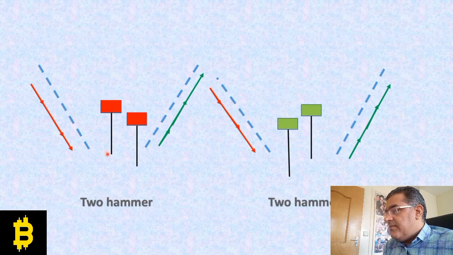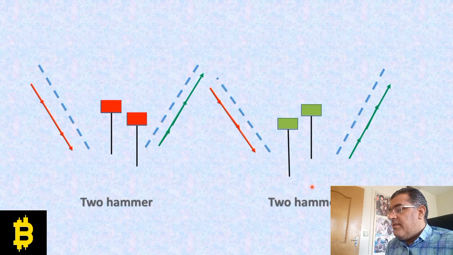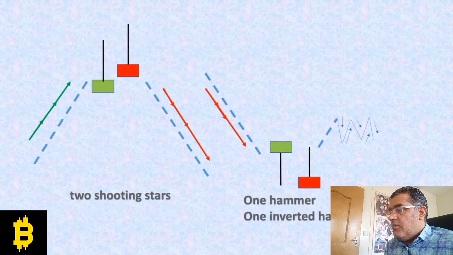In this graph, we see 2 bearish hammer pin bars at the bottom of the downward trend, and the same thing with 2 bearish hammers at the bottom of the downward trend. As discussed earlier, this will change the trend from downward to up, and this is almost the confirmation candle.